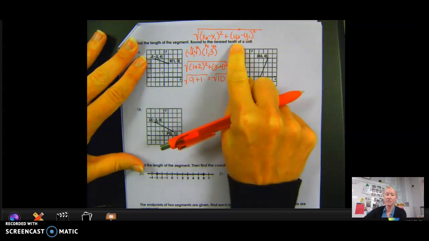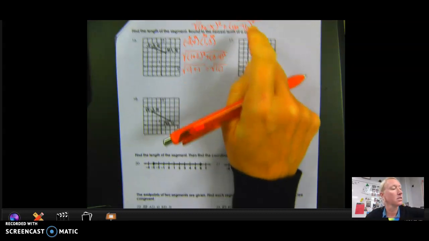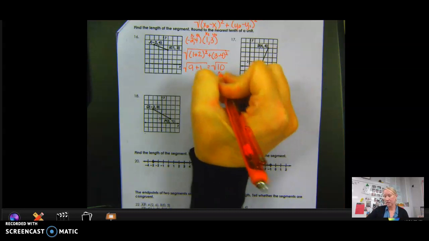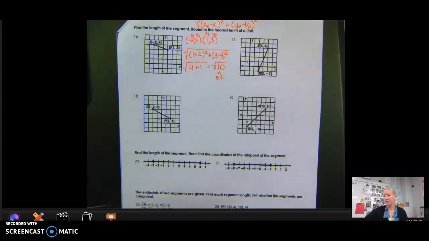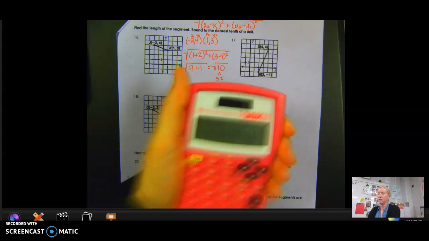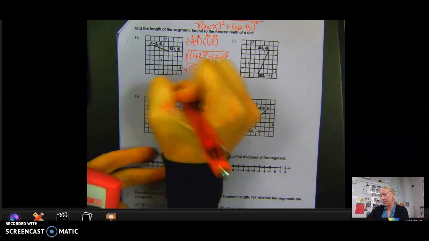It tells me to the nearest tenth. It may also want you to reduce this radical. So we went over how to reduce radicals at the end. If I reduce this, it goes 5 and 2. It doesn't reduce, so that would be your reduced radical answer. If I bring this to the nearest tenth, it's 3.16. So that would really be 3.2.